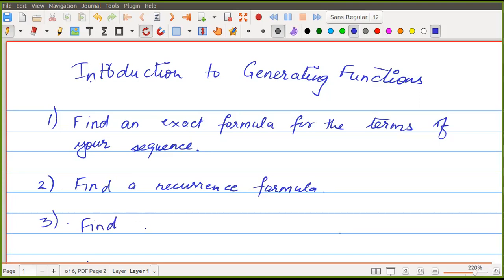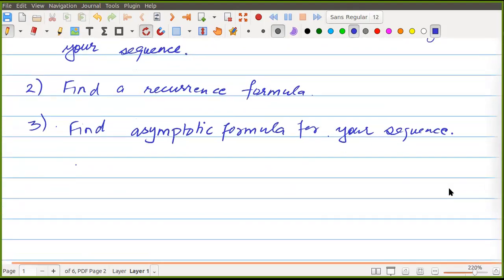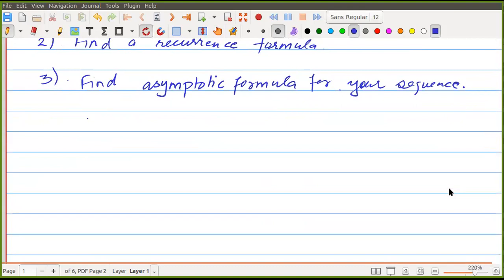you can use generating functions to find asymptotic formulas, which means that in the long run, what really happens to the sequence. Also, generating functions can be used to prove unimodality.